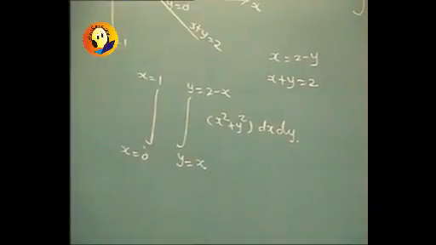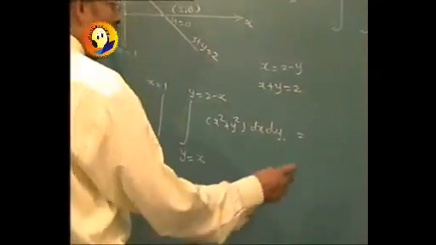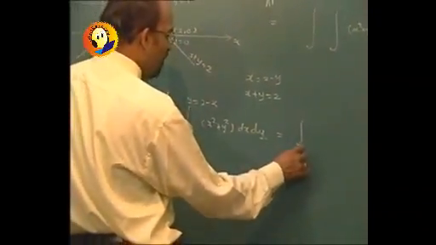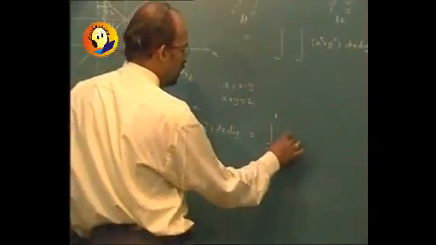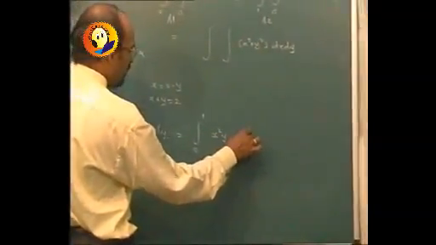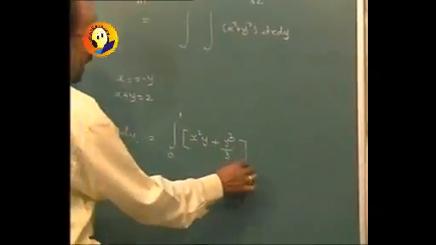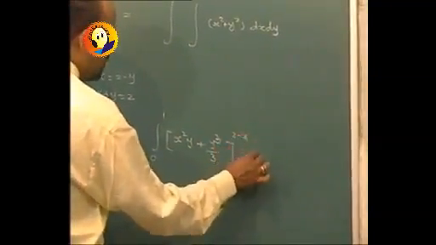and then evaluate. Now as the strips are parallel to the y-axis, we are required to integrate with respect to y first. Integration of x square with respect to y is x square y, and that of y square will be y cube by 3, and it will be within limits x to 2 minus x dx.